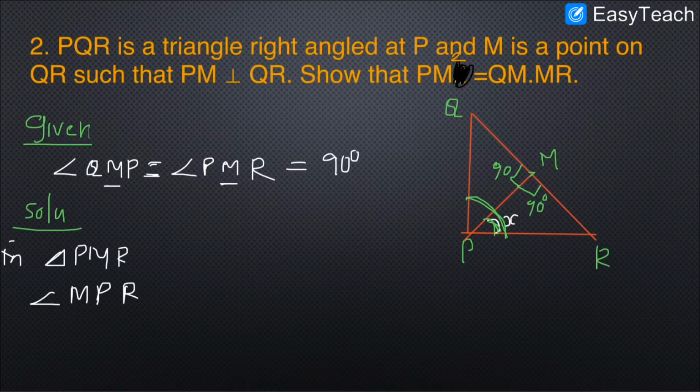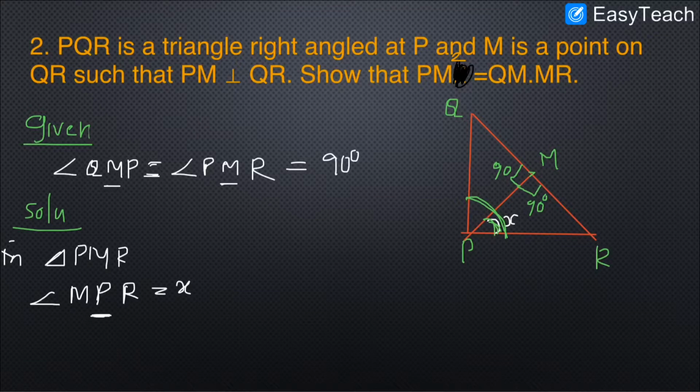In triangle PMR only, we consider P as x. So try to write the angle with the middle letter P. So angle MPR equal x. Now what will be angle R? Angle R equal 180 minus 90 minus x, which gives me 90 minus x.